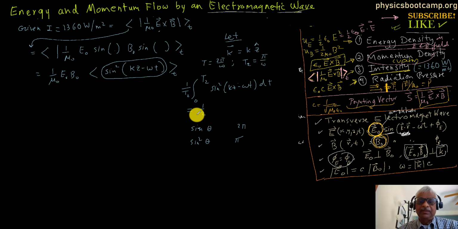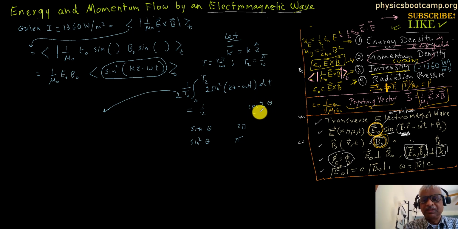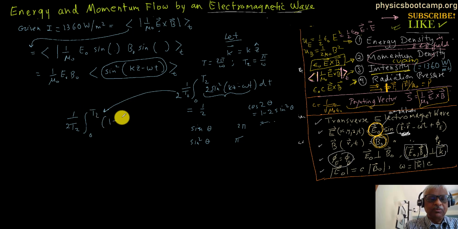It's kind of easy to show it's half. Cosine 2 theta equals 1 minus 2 sine square theta. It has other expressions, but this thing becomes 1 minus cosine 2 theta, so 1 over T, integral from 0 to T, of 1 over 2 times 1 minus cosine 2 of (kz minus omega t) dt.